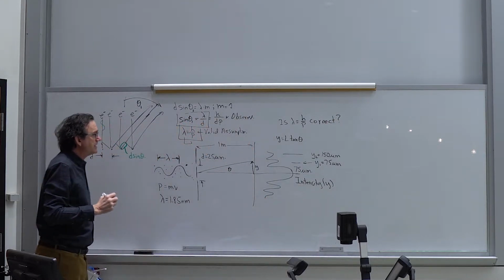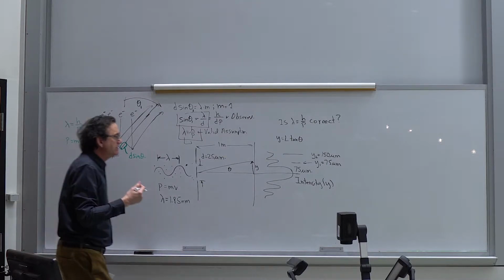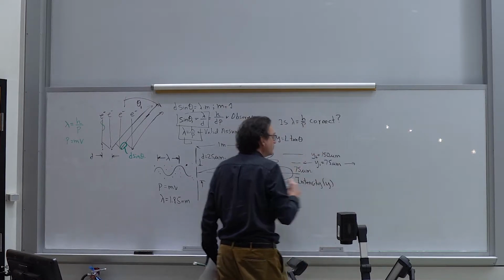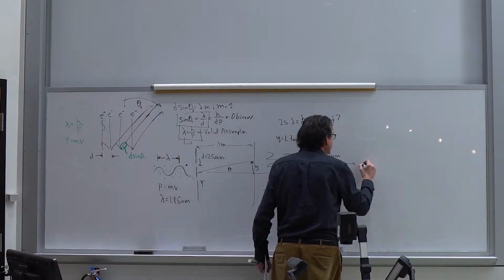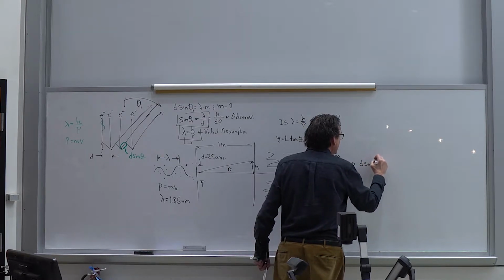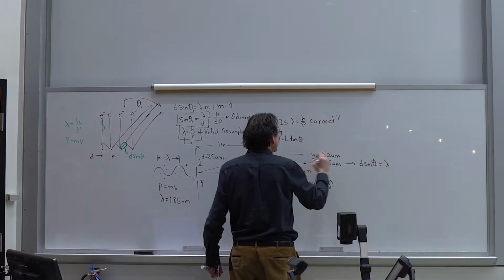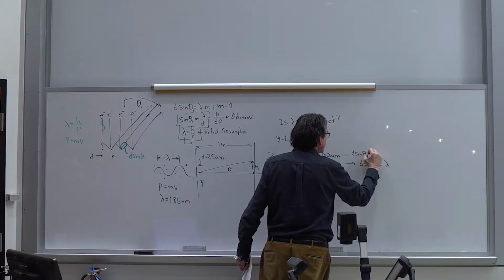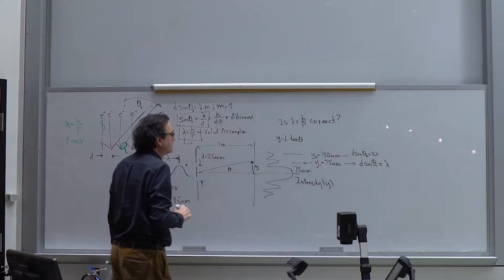So what we can do now is to recognize that in the case of the first intensity maximum, for example, I will have the condition that d sine theta 1 is equal to lambda. And by the way, this one over here will be d sine theta 2 is equal to 2 lambda. And these are the coordinates at which I can measure this.